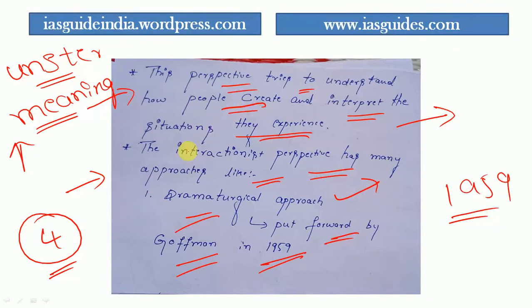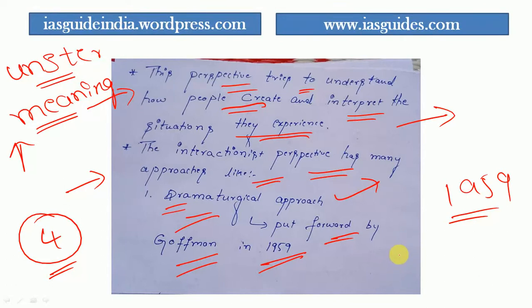The word itself tells the approach. Goffman sees social life as a form of theater, in which people play different roles and stage manage their life and the impression they create on others. That is known as the dramaturgical approach.